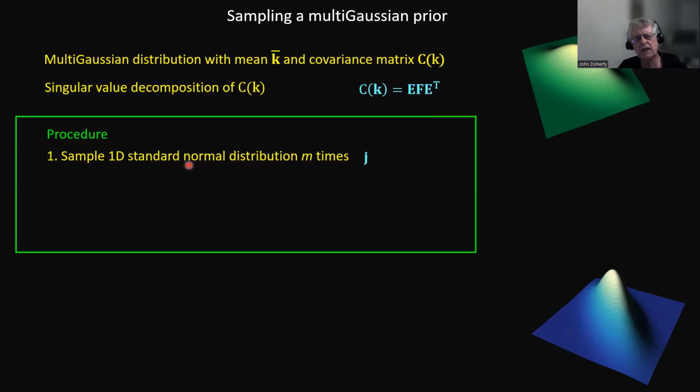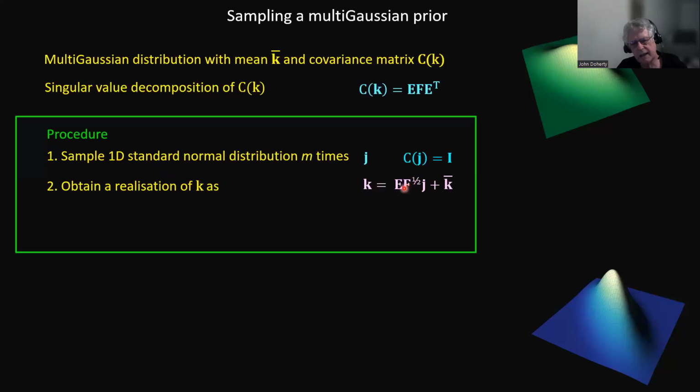That's easy. There's 1,000 ways to do this. And I fill up a vector J. Because each element of J is independent of every other element of J, the covariance matrix of J is just the identity matrix. I'm assuming a standard normal distribution, mean of 0, standard deviation of 1.